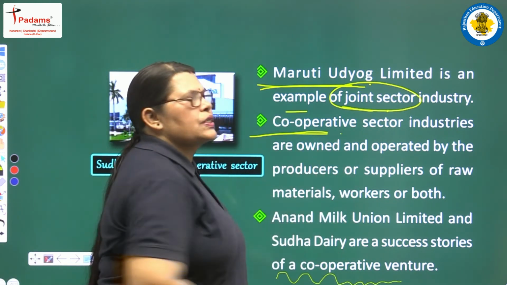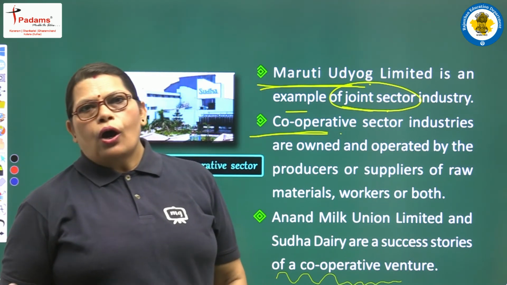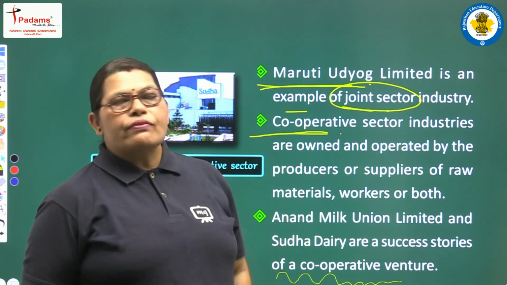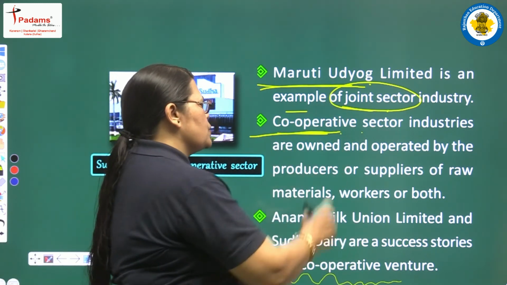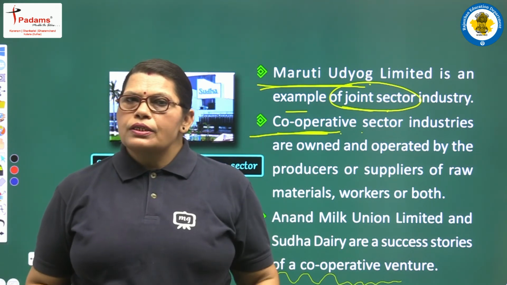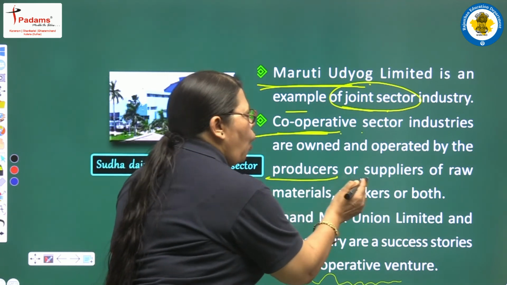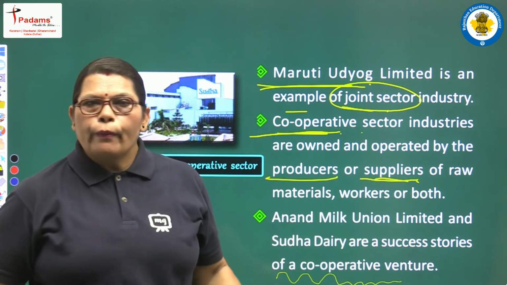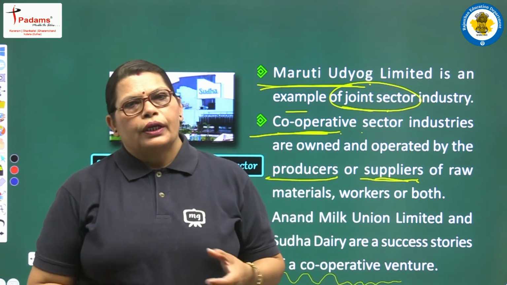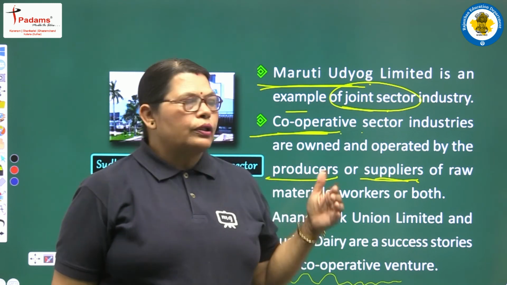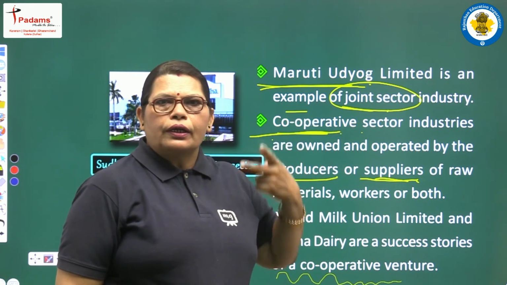The next classification based on ownership is cooperative sector industries. These are owned and operated by the producers or suppliers of raw materials, some workers, or maybe both. Cooperative means cooperation between people.